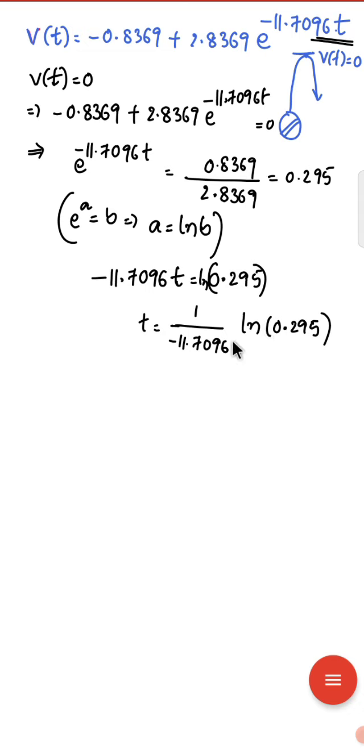Okay, so we know ln of 0.295 is going to be negative since this value is less than 1. The ln of any value between 0 and 1 will have a negative value. So the negative value divided by negative value will become a positive value, and its approximate value is 0.104.